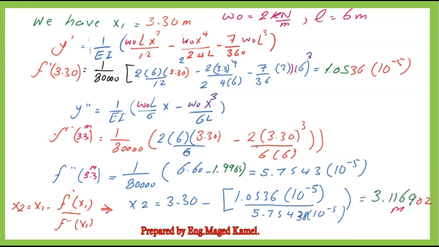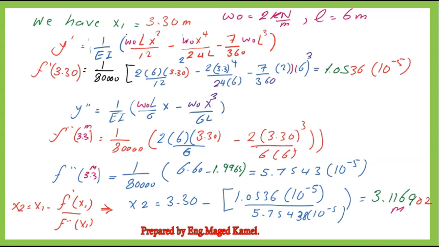We apply the first equation: f dash of 3.3 equals 1 over 8 multiplied by 10 to the 4, open one big bracket, 2 multiplied by 6 by 3.3 raised to the power of 2 divided by 12, minus 2 by 3.3 raised to the power of 4 divided by 24 by 6, minus 7 divided by 360 multiplied by 2 by 6 to the power of 3. The value is positive, equal to 1.0536 multiplied by 10 to the minus 5.